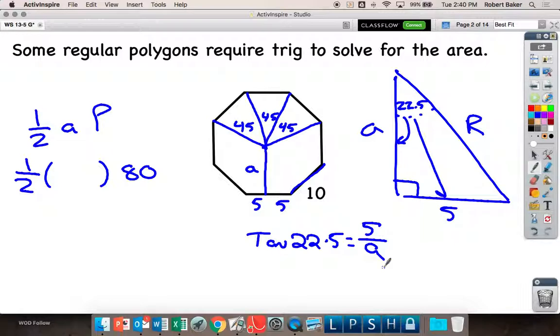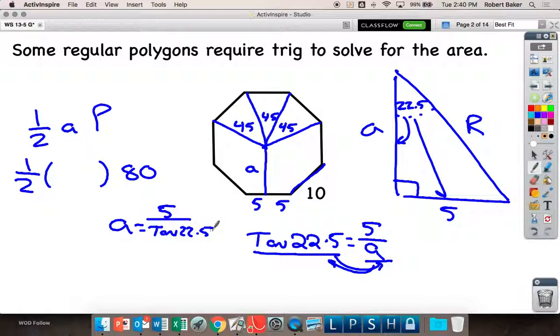What do you do when there's a variable in the denominator of your function? Tangent 22.5 and A switch locations. So A is equal to 5 divided by the tangent of 22.5. And guess what? We have just solved for the length of A. How long is A? 12.0711.